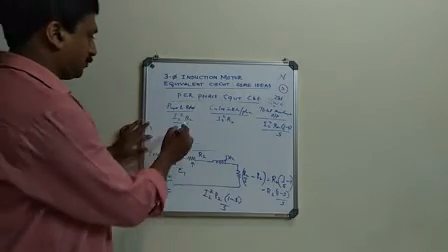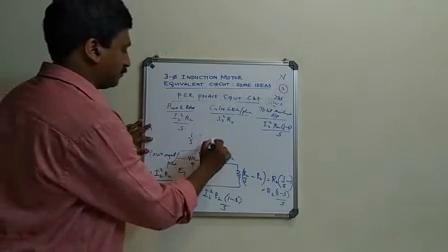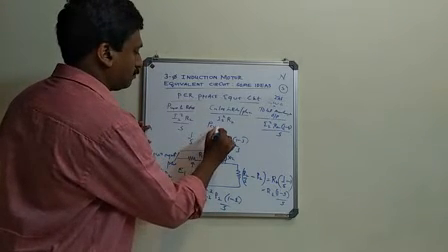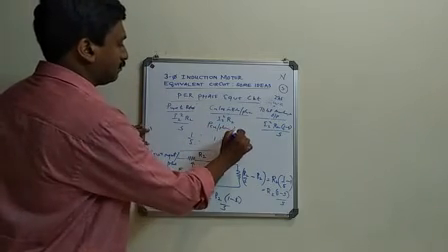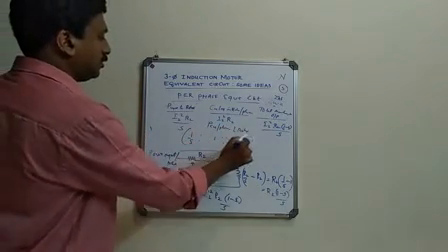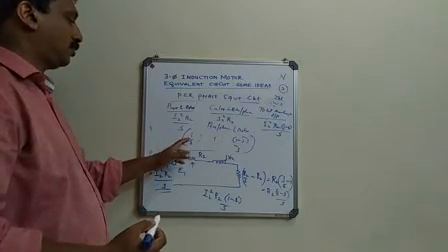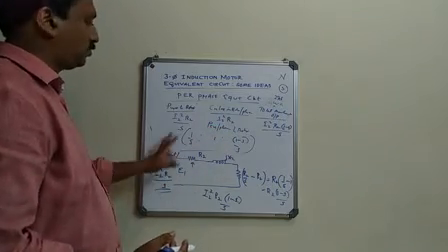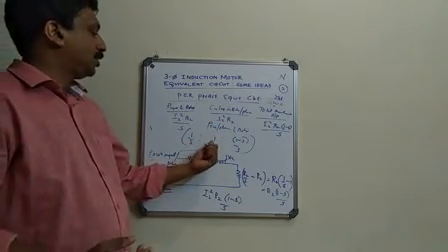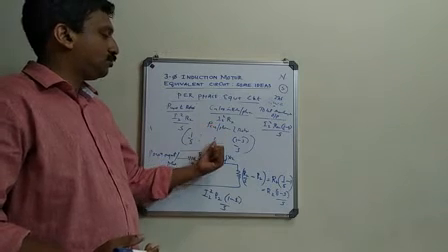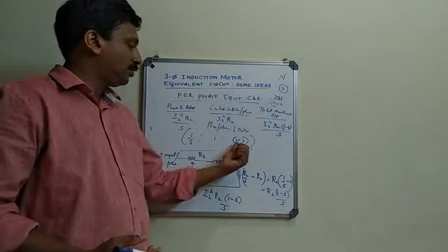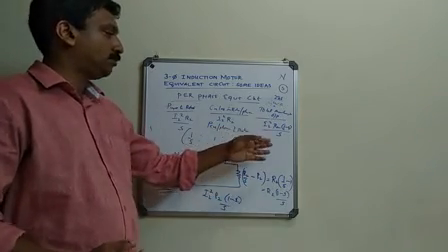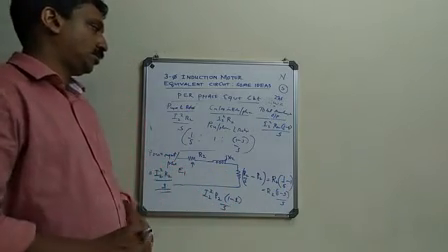So everything is related like this: 1 by S, 1 minus S by S. If the rotor copper loss per phase is given, then 1 by S into Pc gives you the total input air gap power, and multiplying by 1 minus S and dividing by S gives you the total mechanical power output.